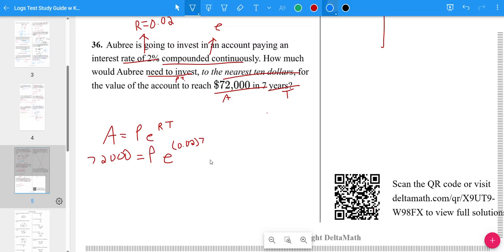So I'm going to divide by this on both sides. You can put both these in parentheses if you'd like. So the principal would be, rounded to the nearest $10, $62,590 approximately.